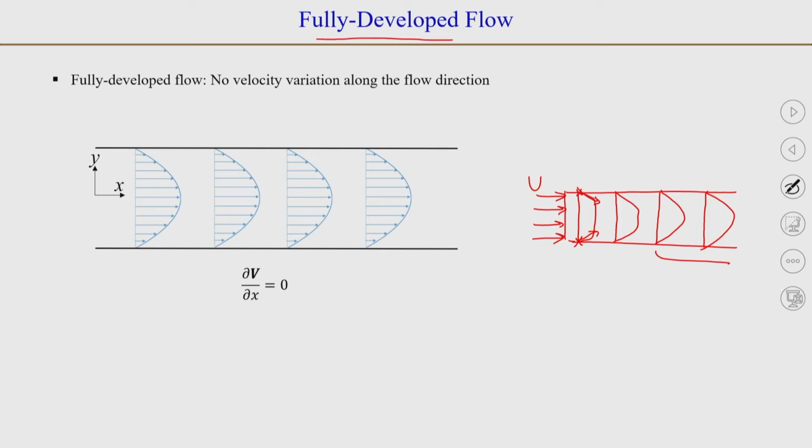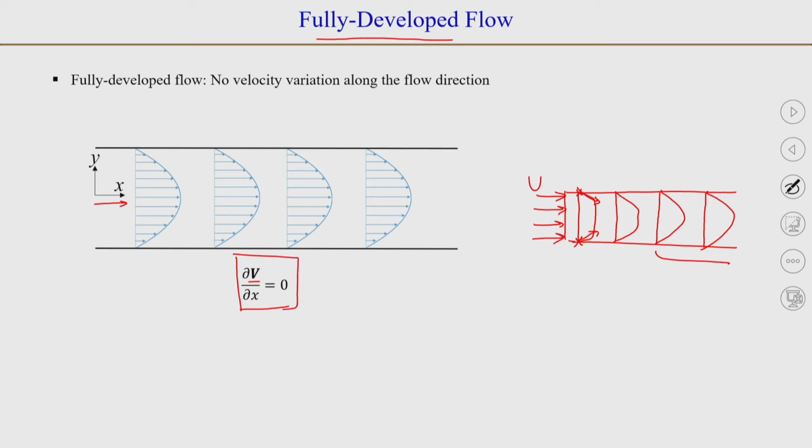So, fully developed flow refers to the flow in which there are no gradients in the velocity in the flow direction. So, ∂v/∂x in this case, where the flow is along the x direction, is equal to 0.